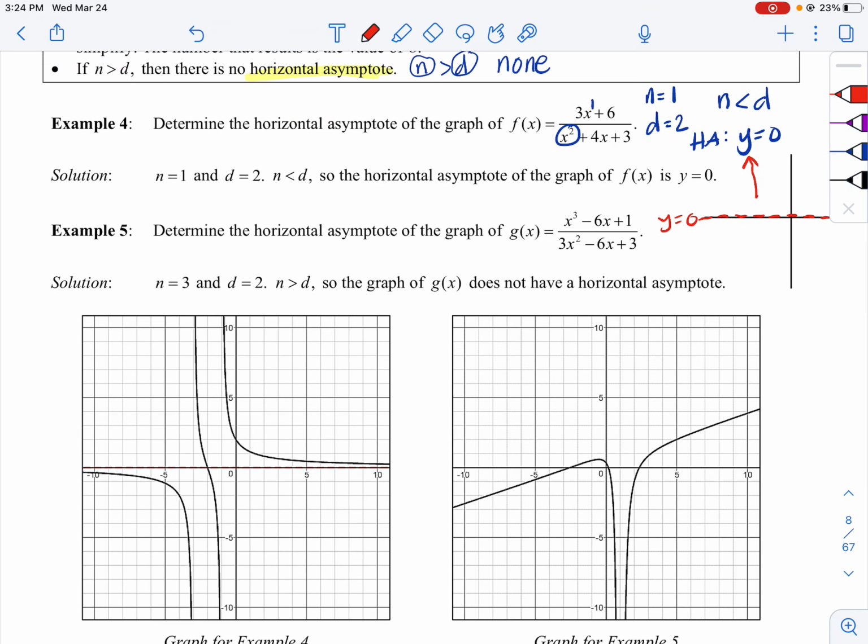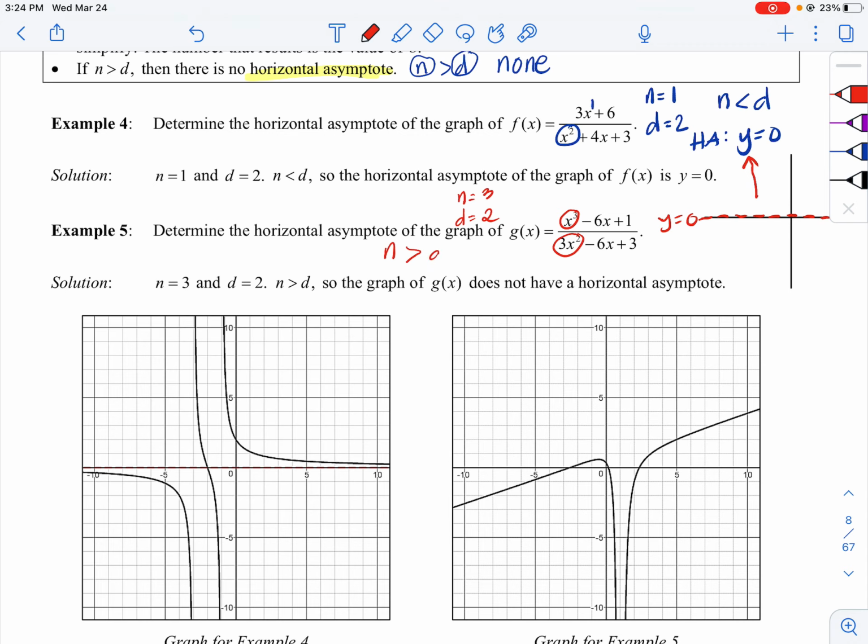For example number 5, we are going to compare the exponents. The exponent on the numerator is 3. The exponent on the denominator, you have a 2. So in this case, n is greater than d.